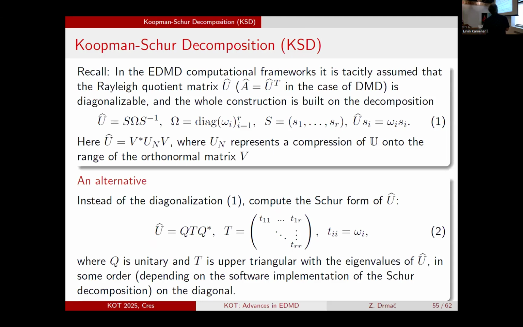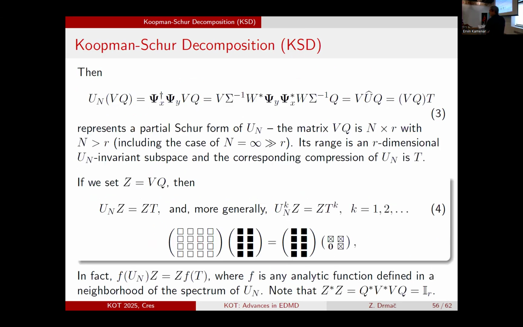And now the idea is, if we switch from the diagonalization to the Schur form, we want to ensure that we have all the functionalities of EDMD, but with this Schur form instead of using eigenfunctions. So this, of course, is technical work. It has many details. I have no time to go through the details here, but we can repeat the procedure from before.